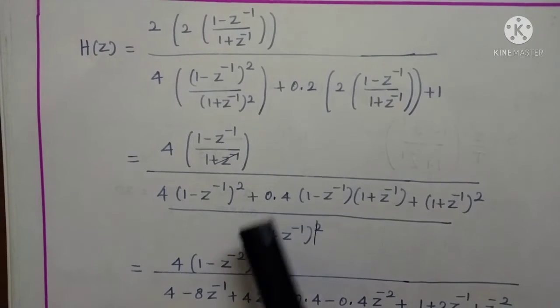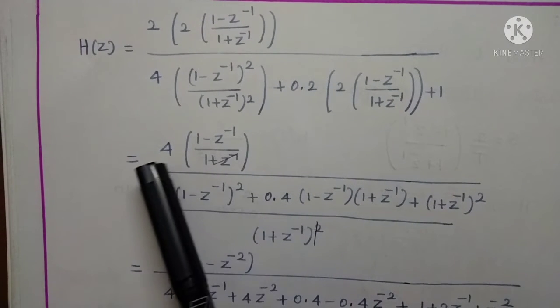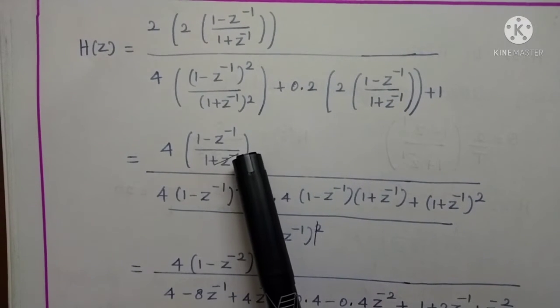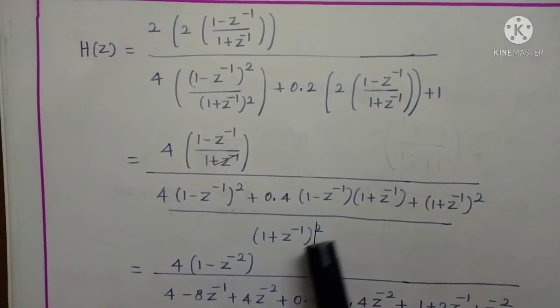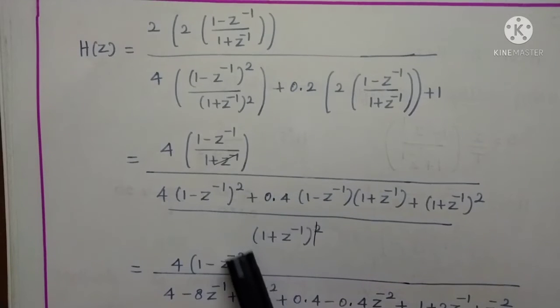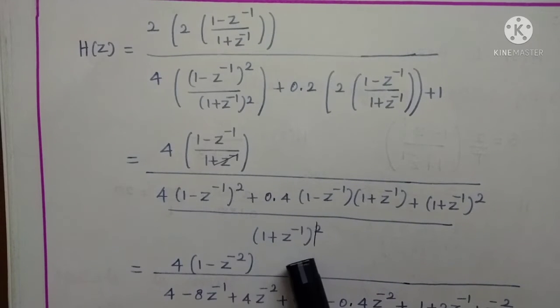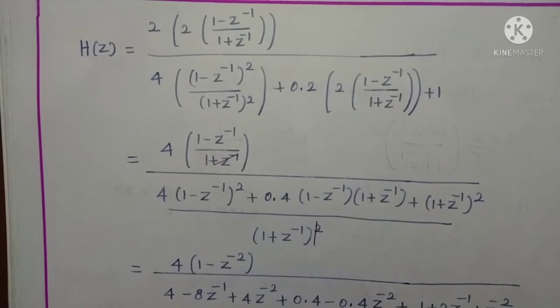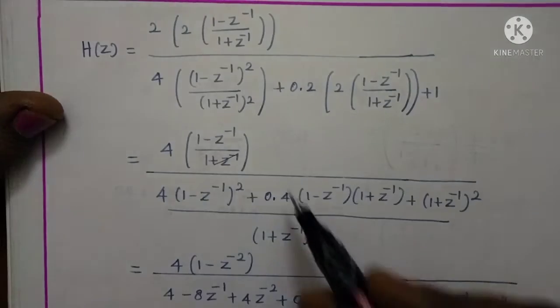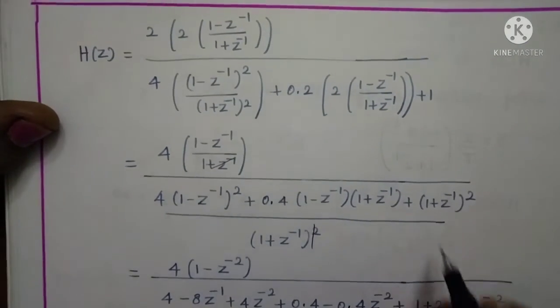So now we can cancel the numerators, but here we have only one term, 1 plus z inverse. So cancel this 2 as 1, and we can multiply this 1 plus z inverse in the numerator. So this 1 plus z inverse can be taken back to the numerator.